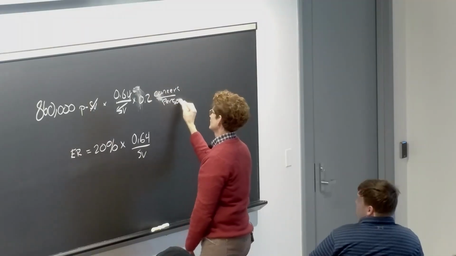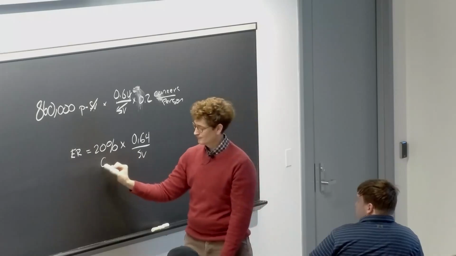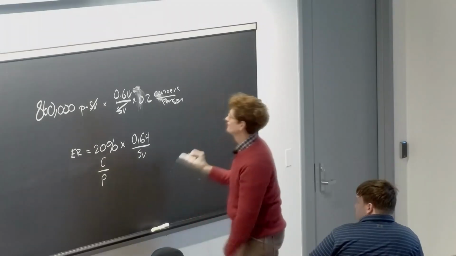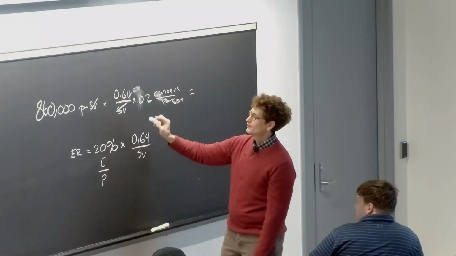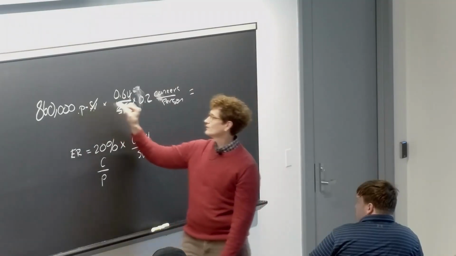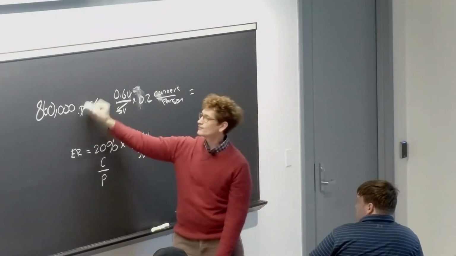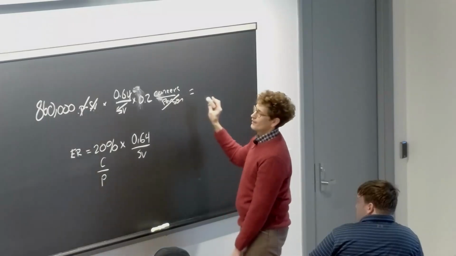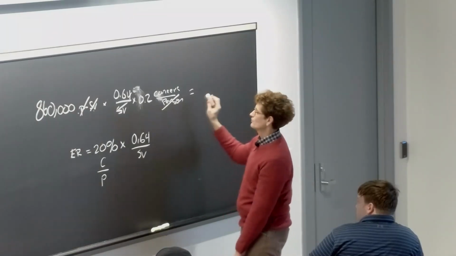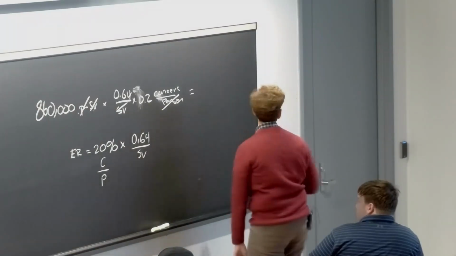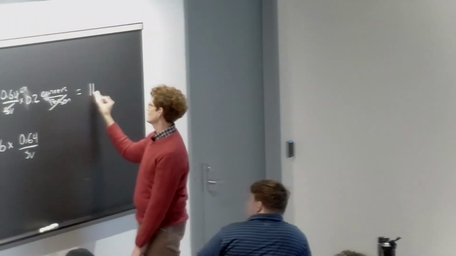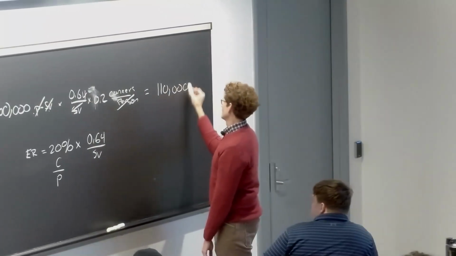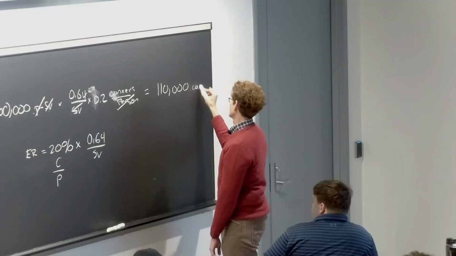That's the unit for the baseline risk, right? And so we have this number, person cancers. And sieverts are canceled, so we should be able to get the total number of cancers, which is 110,000 cancers.